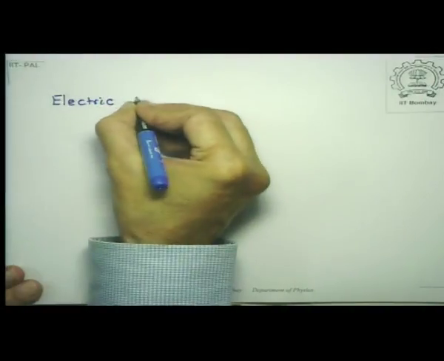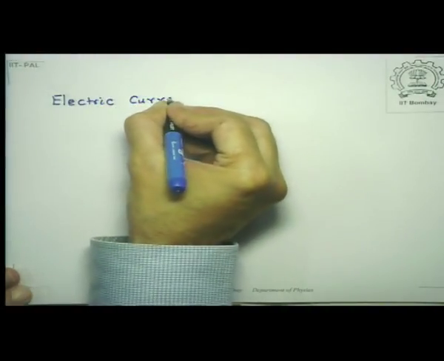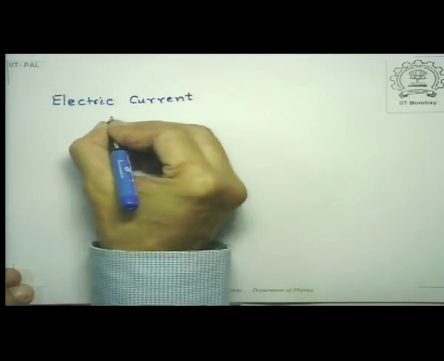What we are interested in are situations where the current remains steady, and in this lecture and the subsequent ones we would be primarily interested in currents which are steady, and later on we will see that steady currents also become sources of magnetic field. Very loosely speaking, electric current is nothing but flow of charges.